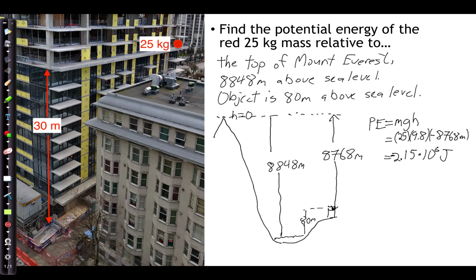My thoughts can't change that object. All we're doing is changing where we measure the potential energy from. That is it. It is purely an arbitrary choice. Okay? So, yeah. Now, I ask you another question.